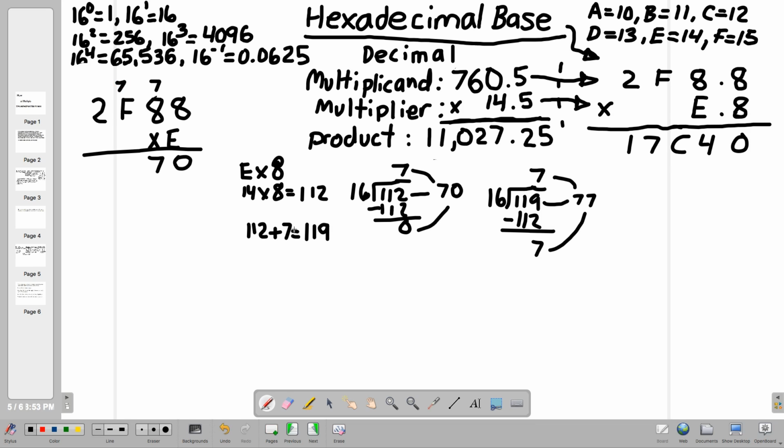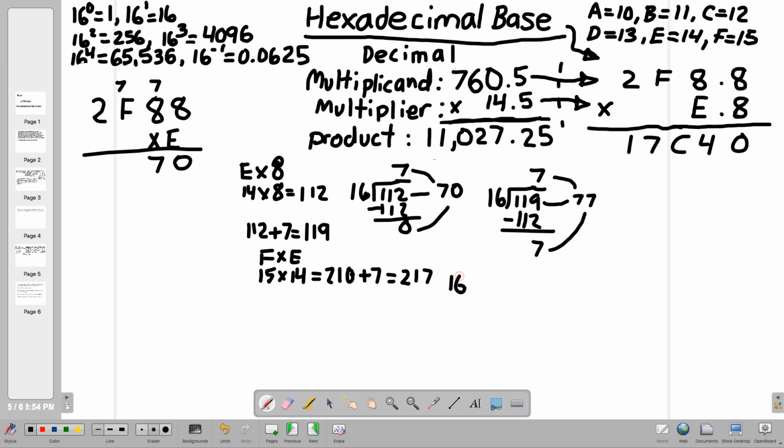Okay, so our next computation, we have F times E, and in decimal that's 15 times 14, and 15 times 14 is 210, and we also have a 7 that was carried over, so we have to add 7 to that. So 210 plus 7 is 217. We must convert this to hexadecimal.